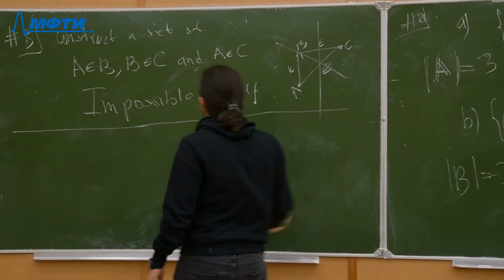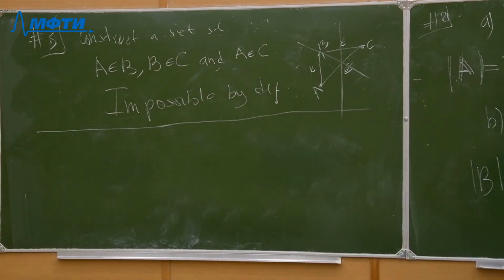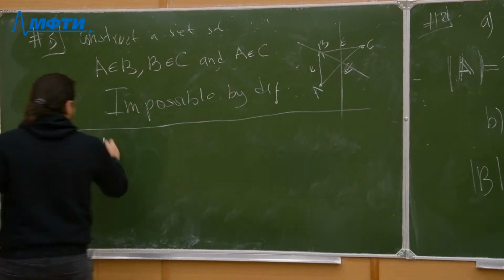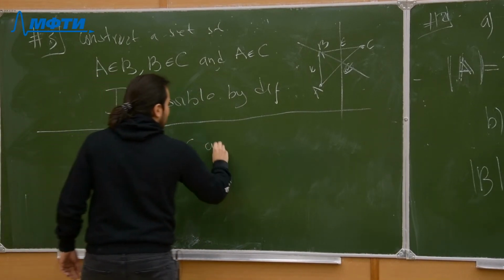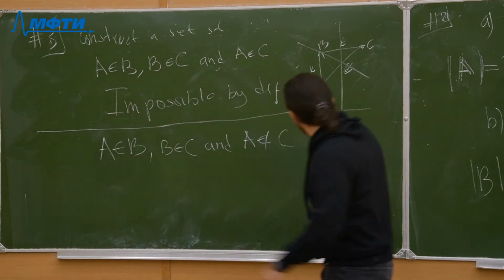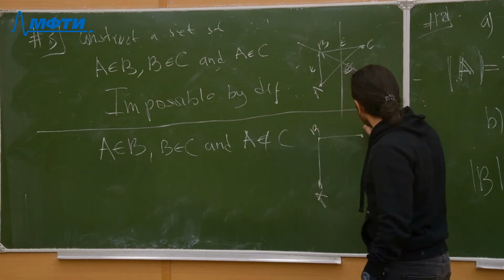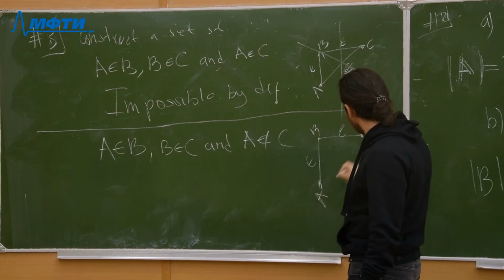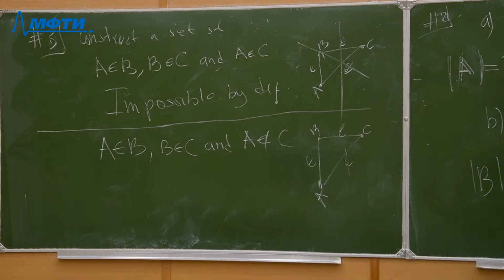And what if we have this? What do we have? The same, but A belongs to B, and B belongs to C, and A doesn't belong to C. So we have A, B, and C. This belongs to this, and this belongs to this, and this doesn't belong to this. So what sets should A, B, and C be?